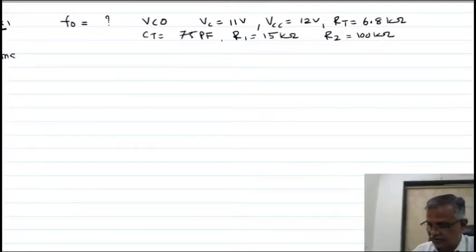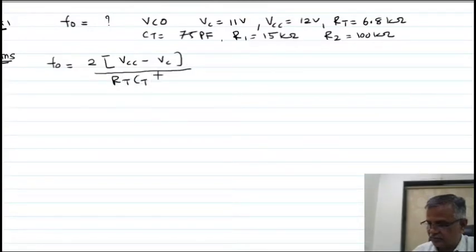Let us calculate the frequency of oscillation. The frequency of oscillation is given by this formula. We have derived these equations in the last lecture. I am just putting the value of the parameters.